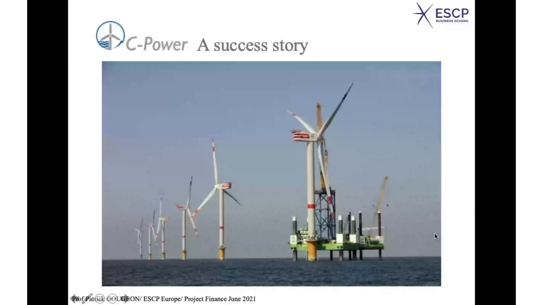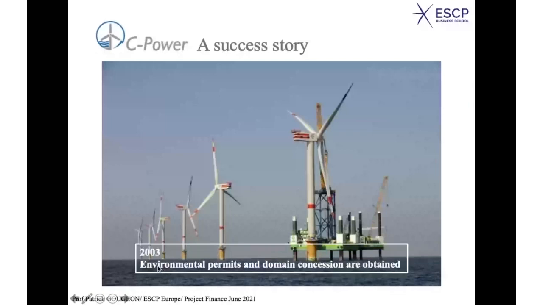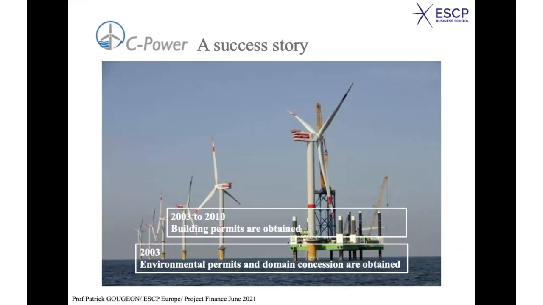In 2003, we started with the environmental permits and domain concession being obtained. The first analysis was to see what the environmental impact was, and whether it was acceptable from an environmental point of view. The answer was yes. Then from 2003 to 2010, building permits were obtained.